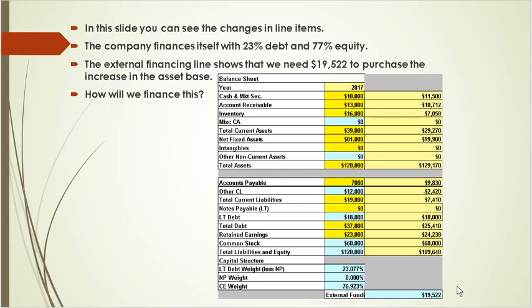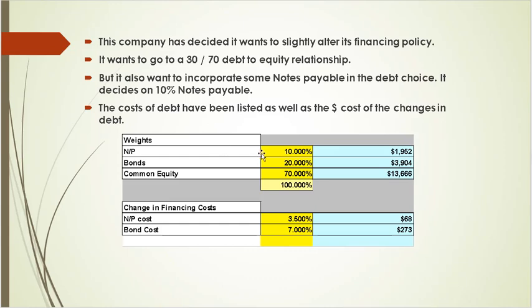So now we have to decide, do we want that capital structure to stay the same, or do we want it to change? Now we see we want to change our capital structure. We want it to be 10, 20, and 70. So we want notes payable, our short-term debt, to be roughly 10%. We want our bonds payable, a very long-term debt, to be around 20%, and common equity to be 70%.